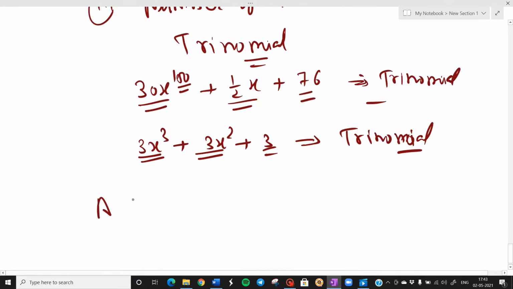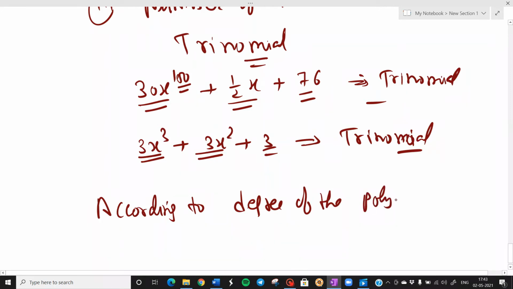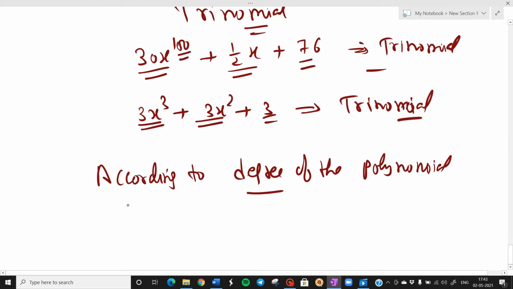And now according to degree of the polynomial. डिग्री के अकॉर्डिंग अगर देखिए इफ देयर इज ओनली वन डिग्री, for example that is 7x, then this is called linear.